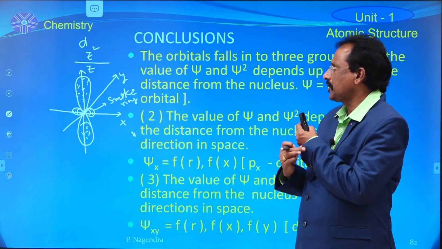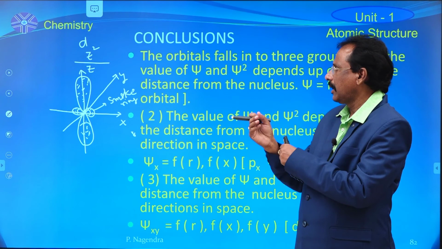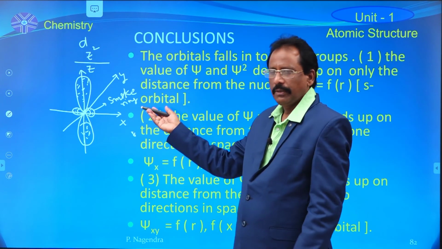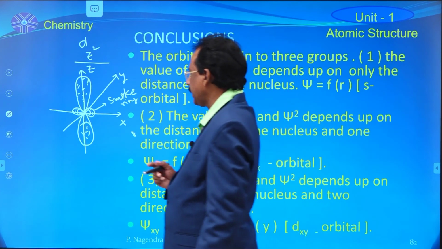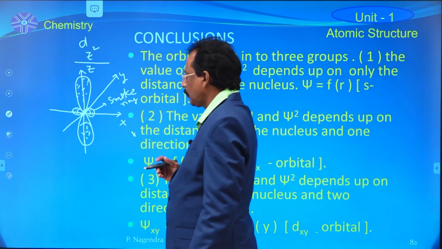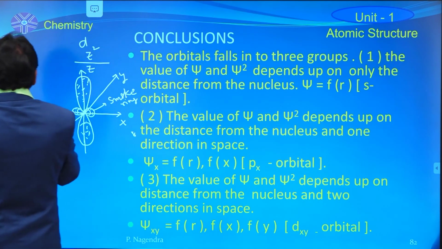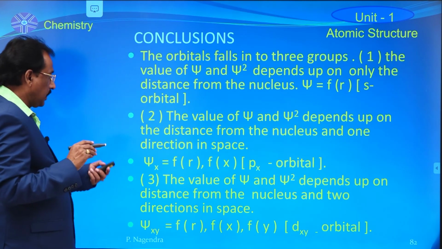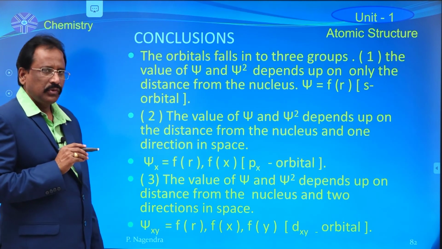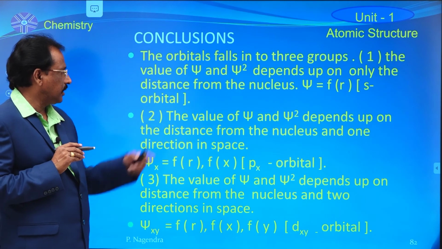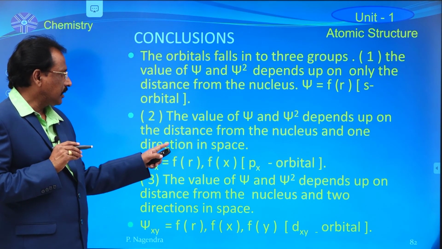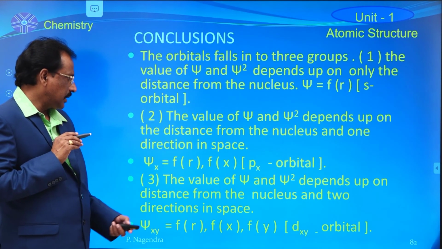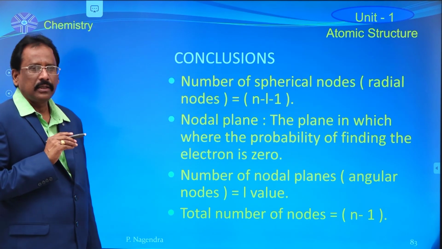That's why the shape of dz square orbital is very peculiar. It is also having two nodal planes. So this is about the three categories: only radial distance, radial distance and one direction in space, radial distance and two directions in space.